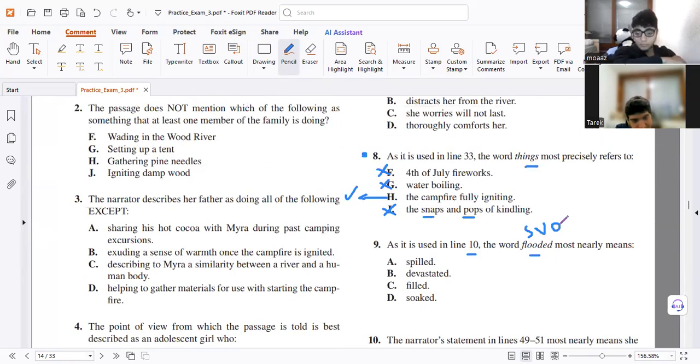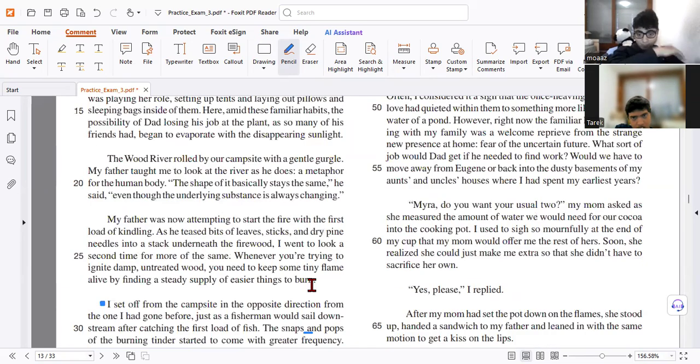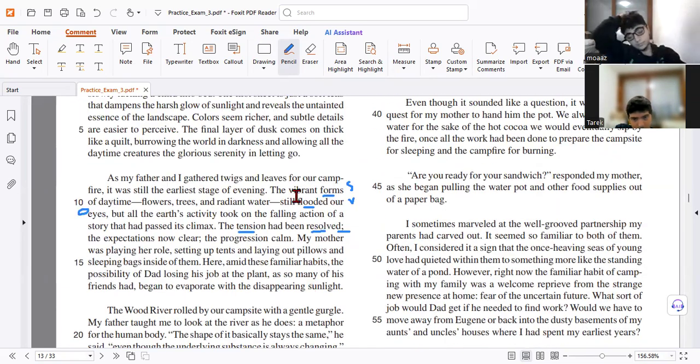I found the subject, forms, flooded our eyes. So it means spilled, soaked, destroyed, filled, killed. The problem is the object. Look, the vibrant forms of the daytime, flowers, trees, and radiant, flooded our eyes.